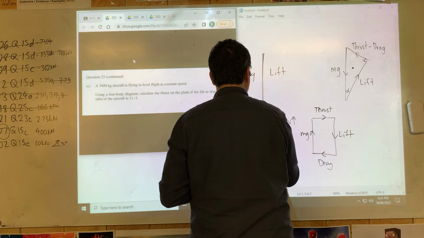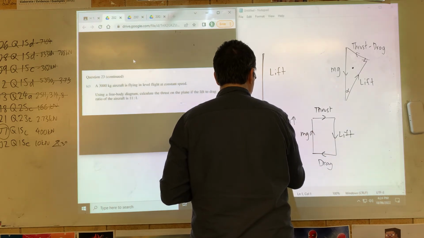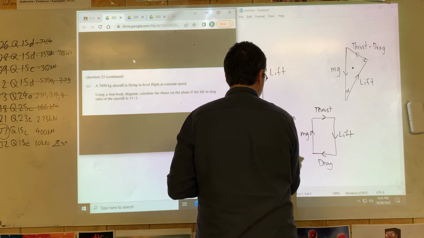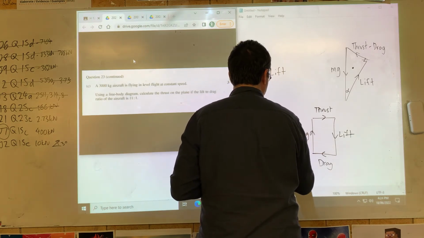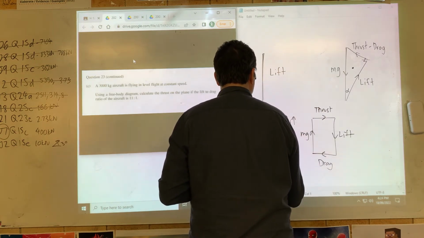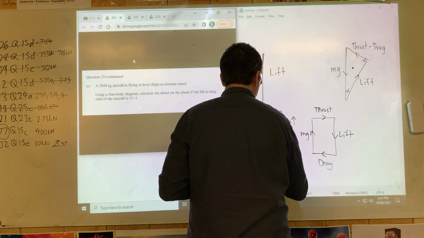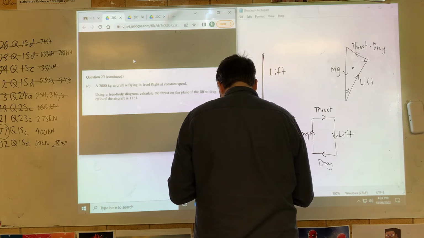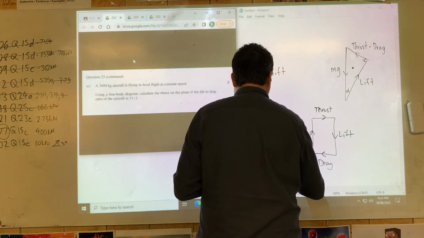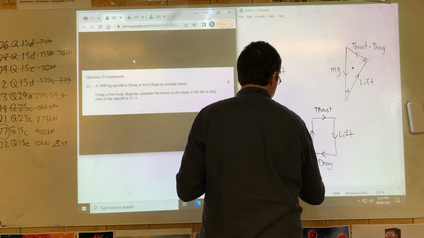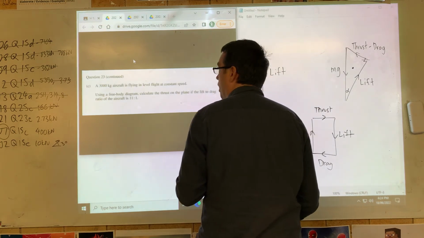So lift divided by drag equals 30 divided by 11 to 1. 2.727, which is 2.73 kilonewtons. Okay, so one's done.